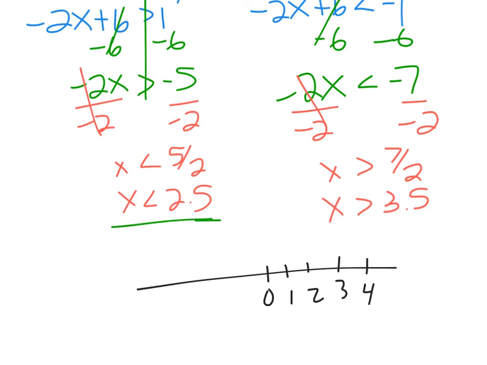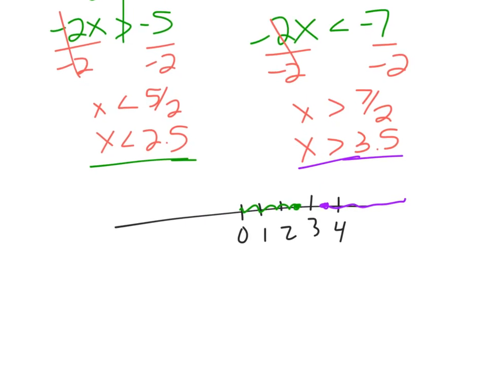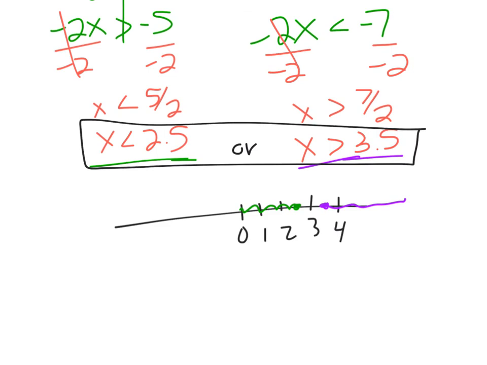I'll put the 2.5 in green, it's like right here. X is less than, so it's that way. This one's in purple. X is greater than, so it's that way. So these are shading opposite of each other because I had to flip the inequality symbols, so I just put the word or in between, and that's it.